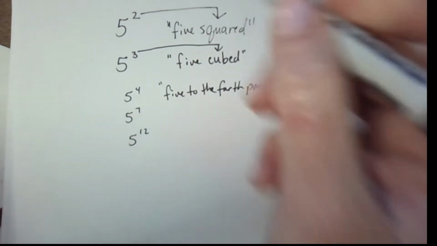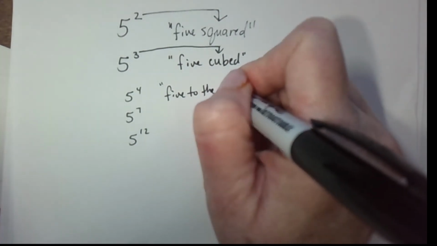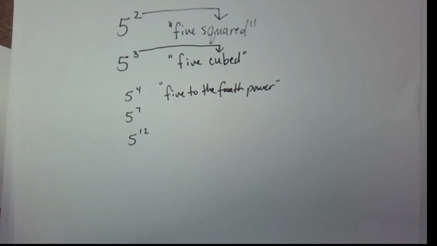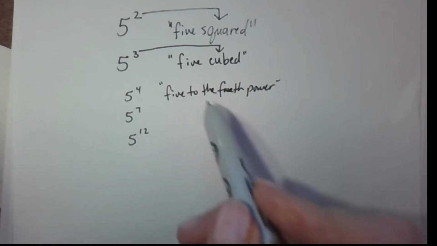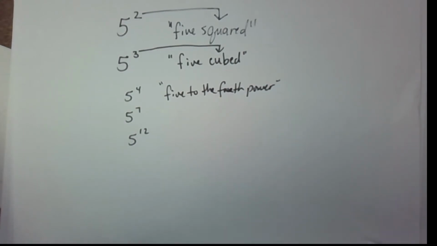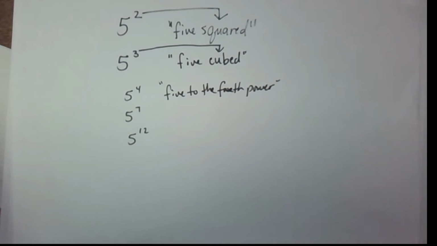This will be 5 to the 7th power. Sorry, I just sort of ran all that together. 5 to the 4th power, 5 to the 7th power, 5 to the 12th power, and so forth. These 2 and 3 are the only ones that have special names, squared and cubed.